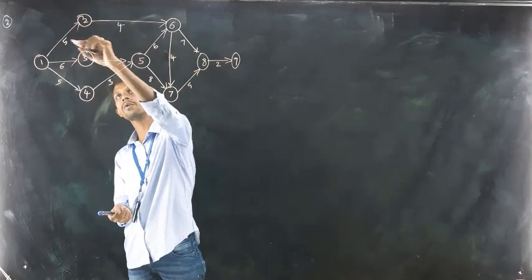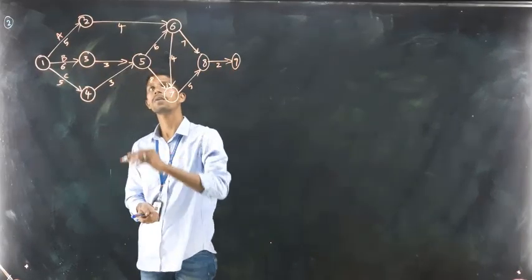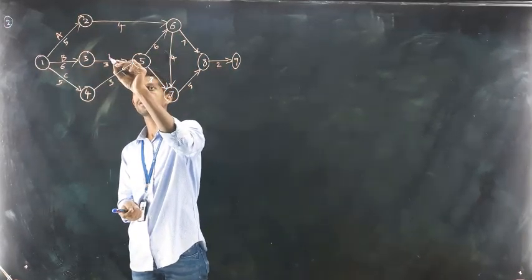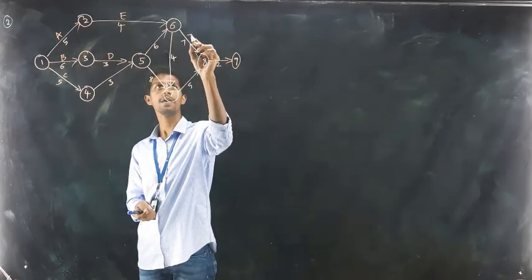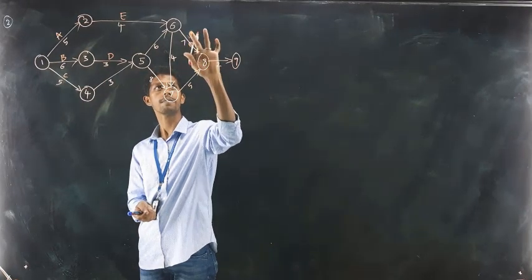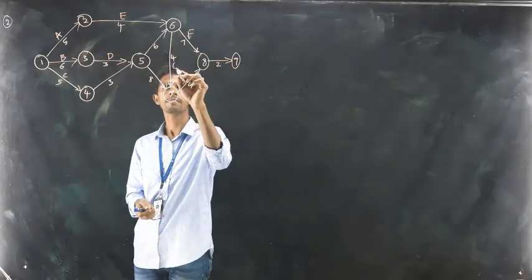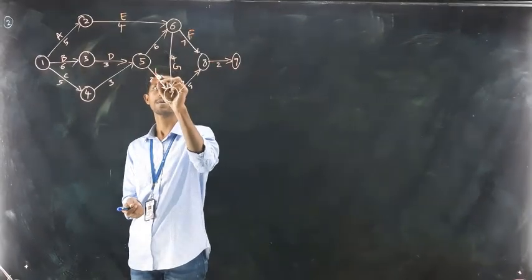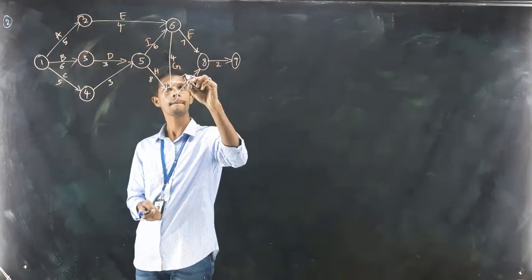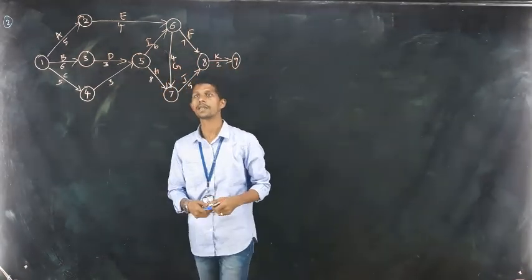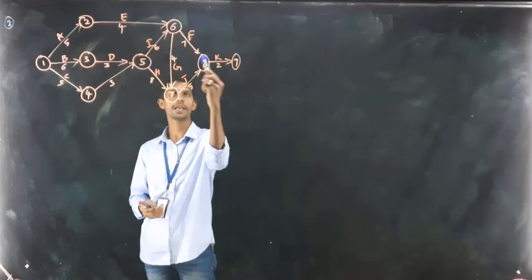Starting from 1, 1 to 2, let me name them A, B, C, then D, E, F, G, H, I, J, K. I have given names to each of the activities from A to K.